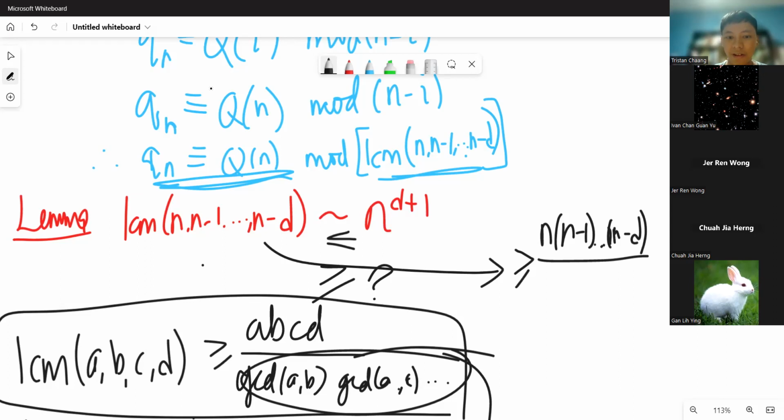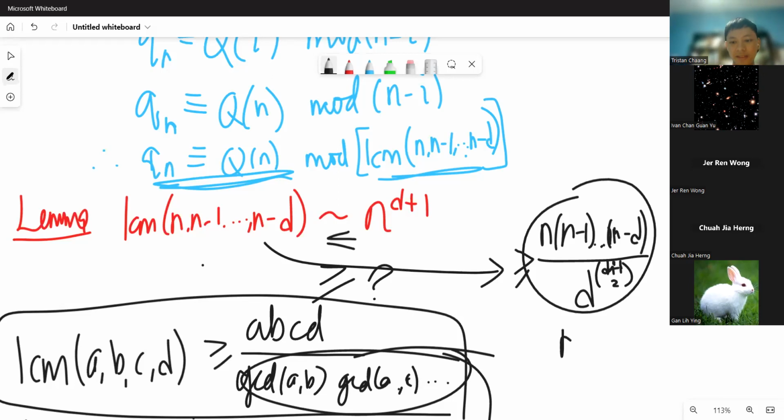So this is at most d to the power of d plus 1 choose 2. But d is a constant, and we're looking at varying n. So this thing is n to the d plus 1, growing very, very large.